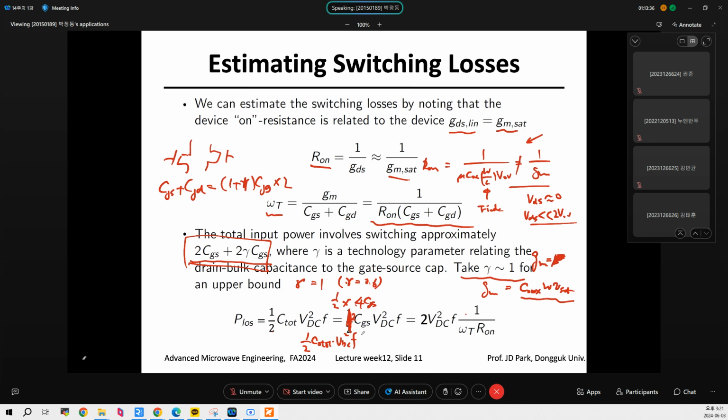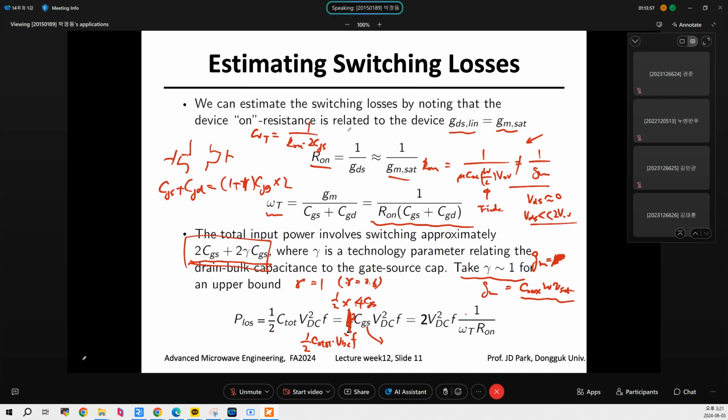So this CGS can be represented by this line. This omega t is R on, and this is 2 CGS.